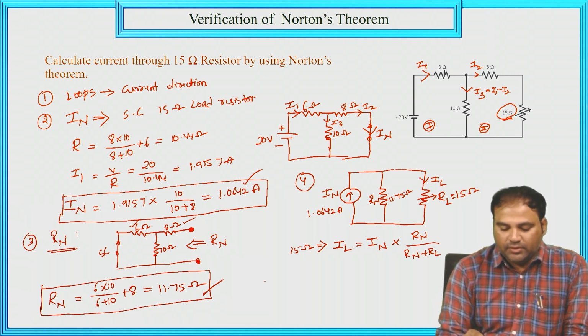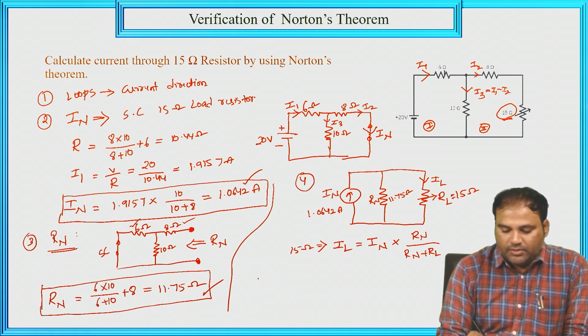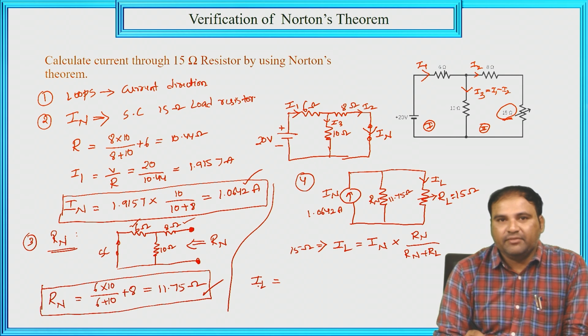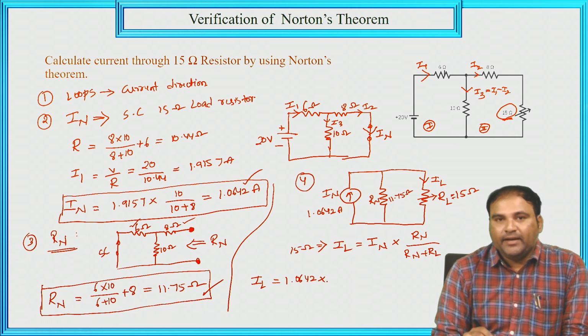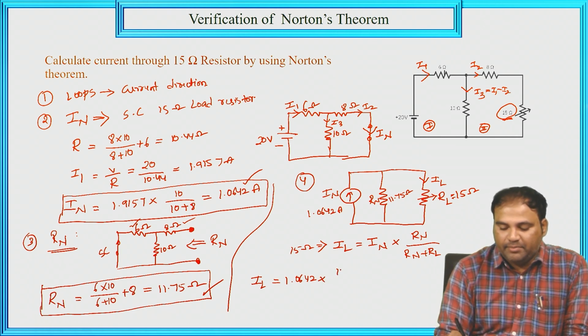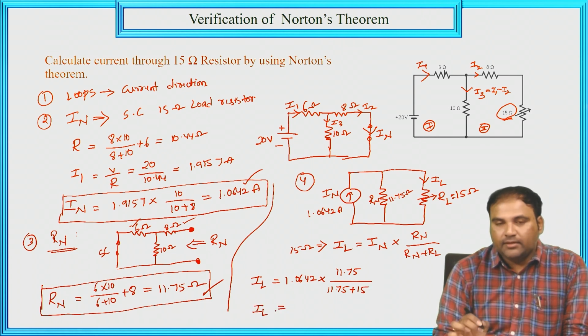So now IL equals Norton's current, which is 1.0642, into Norton's resistance 11.75, divided by Norton resistance 11.75 plus load 15.